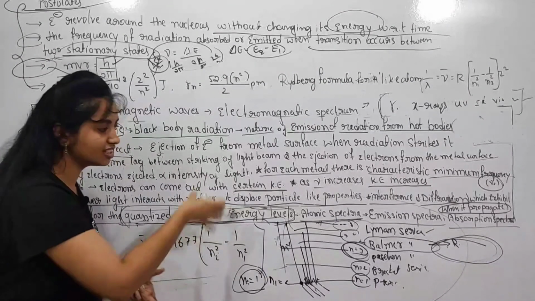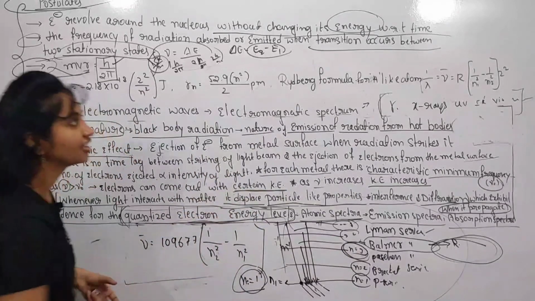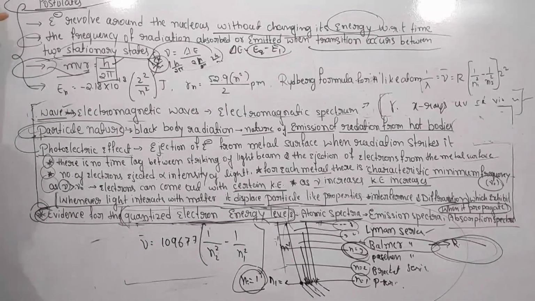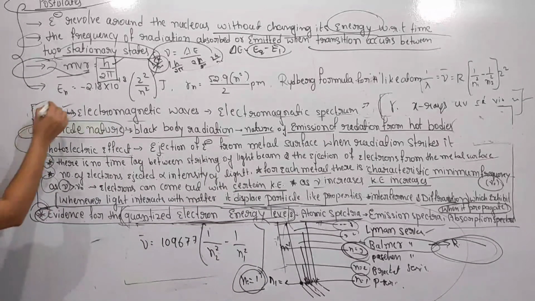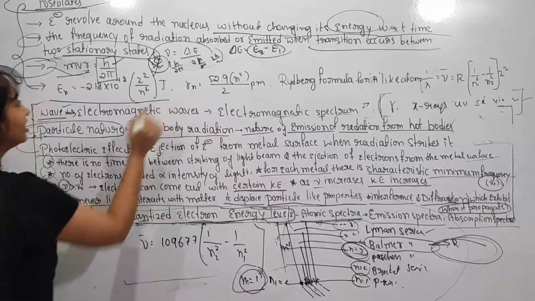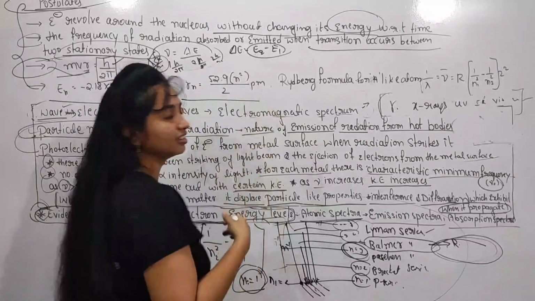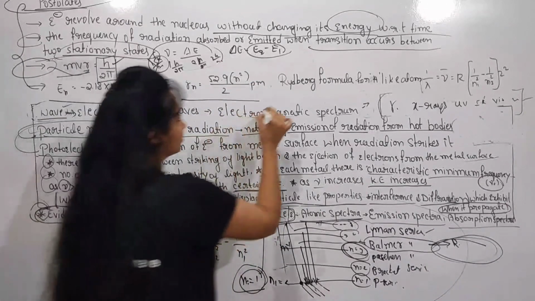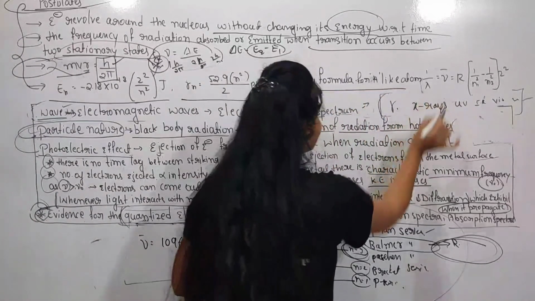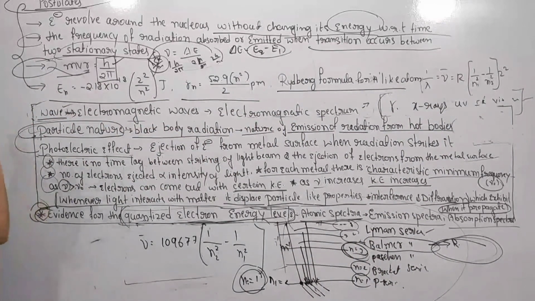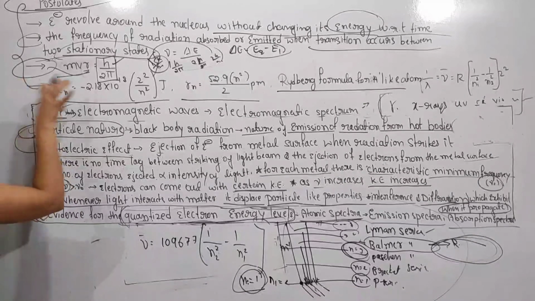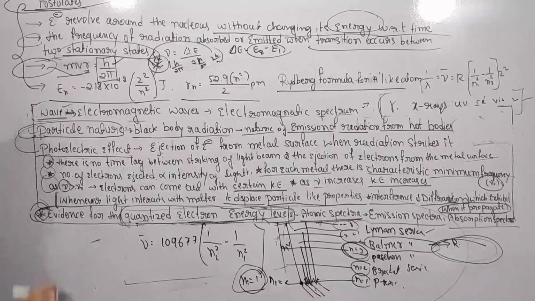With the help of the hydrogen line spectrum and Bohr's model, we got some formulas to calculate the energy of the energy levels and the radius of the atom, and next the wavelength and wave number. So these are three formulas you just have to remember, and they help in your numericals.